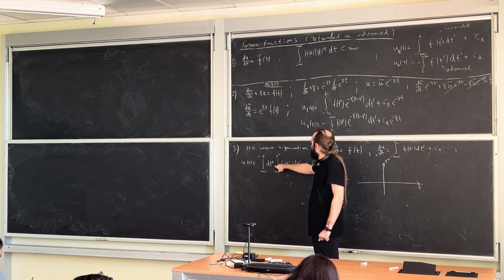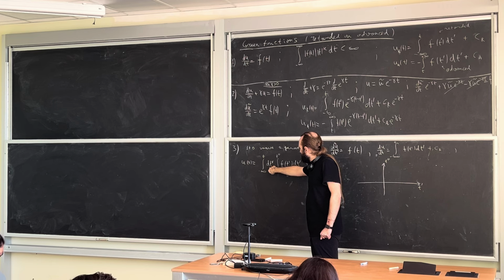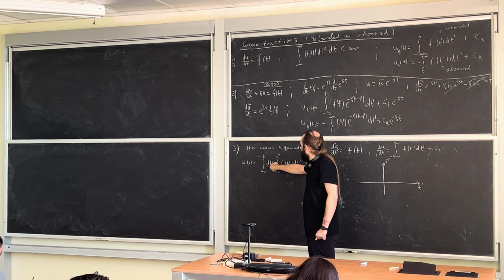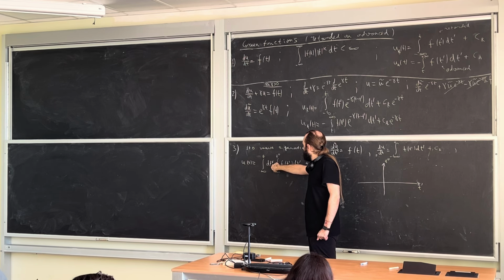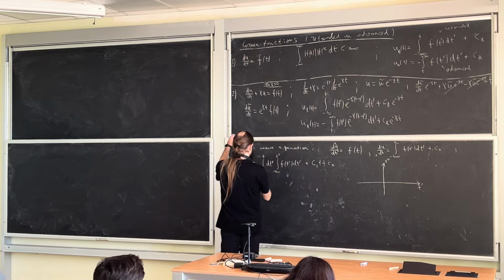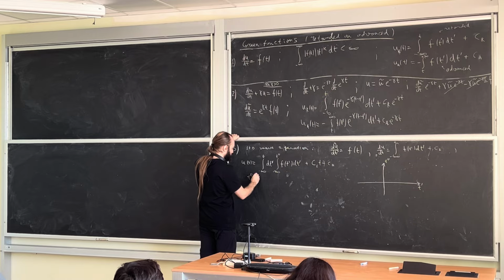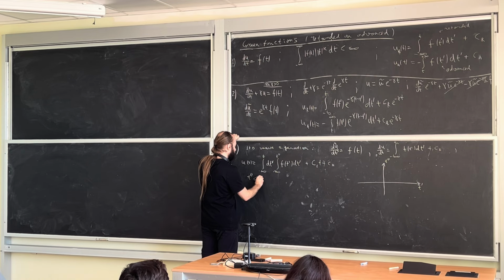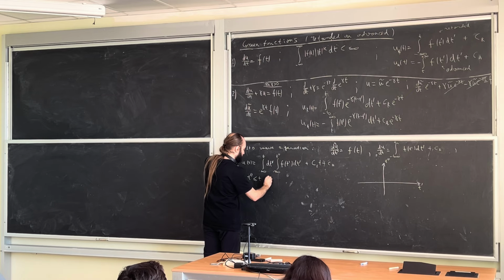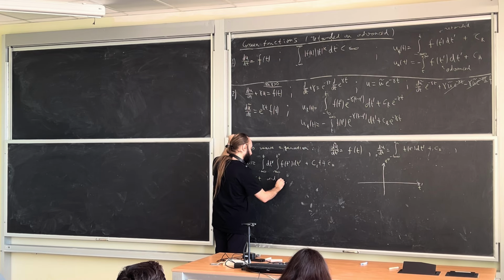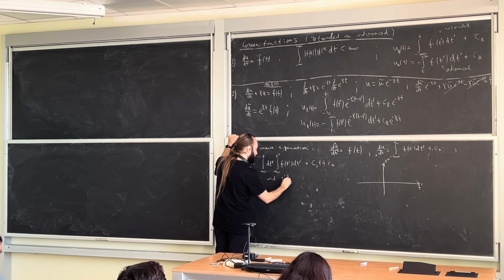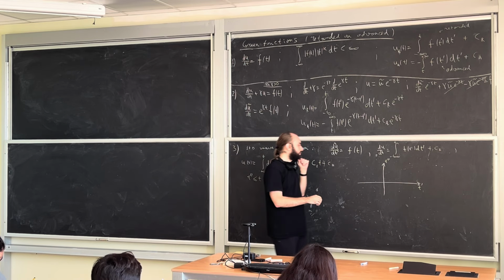This domain is described as follows: t2 primes should be less or equal than t, and t prime is less or equal than t2 primes.